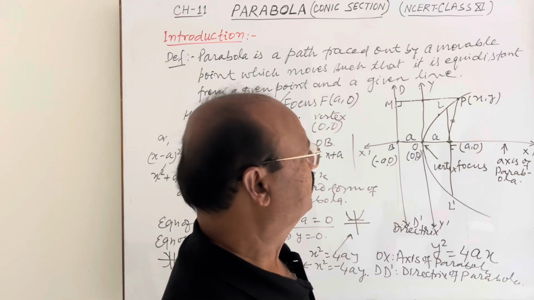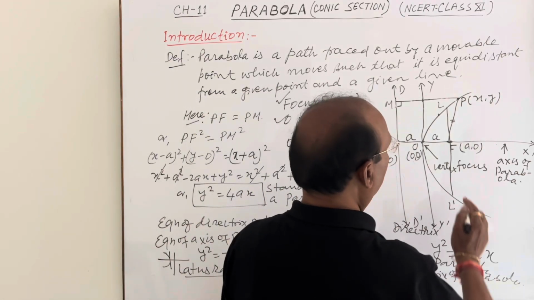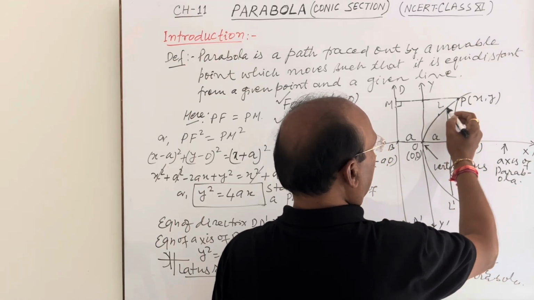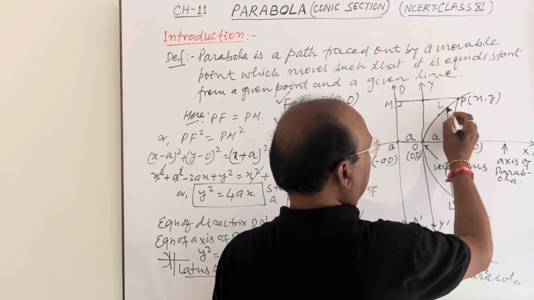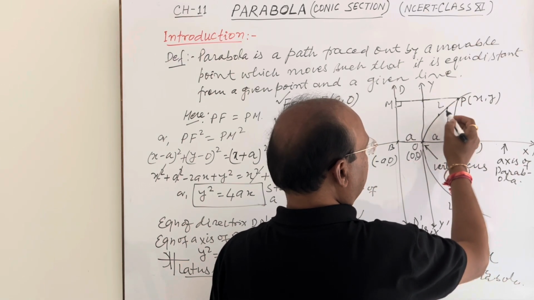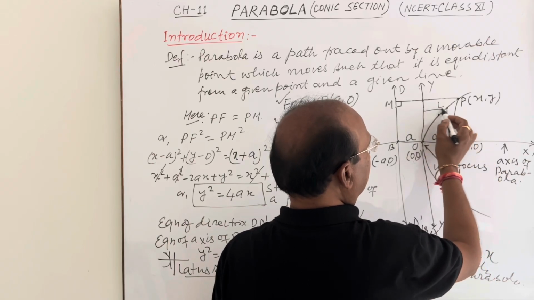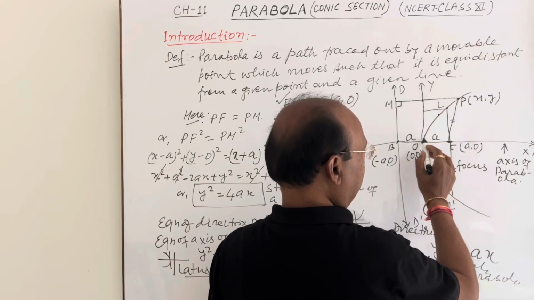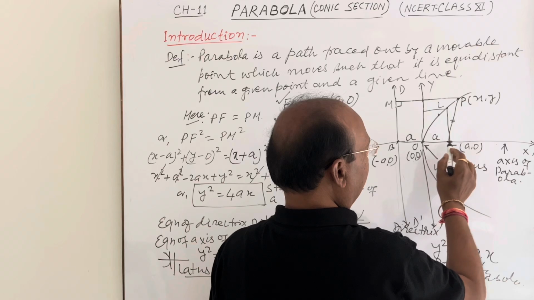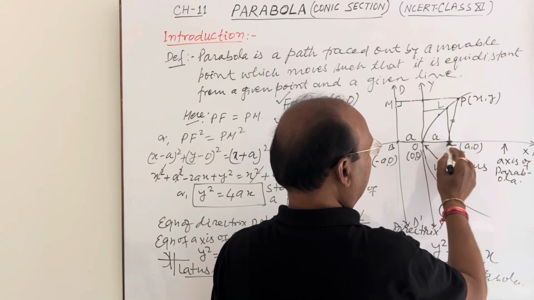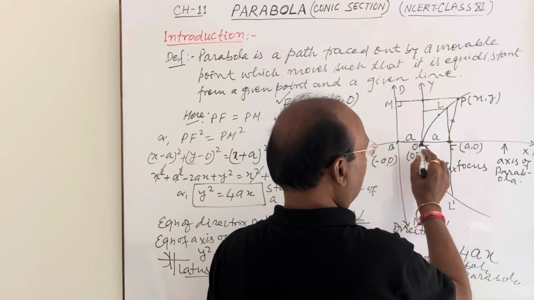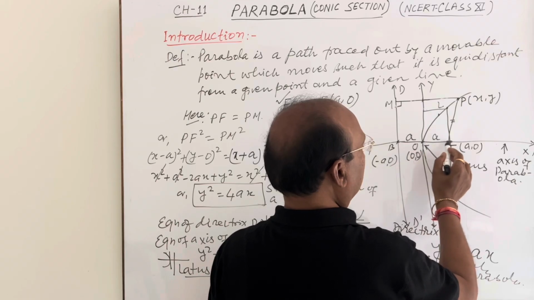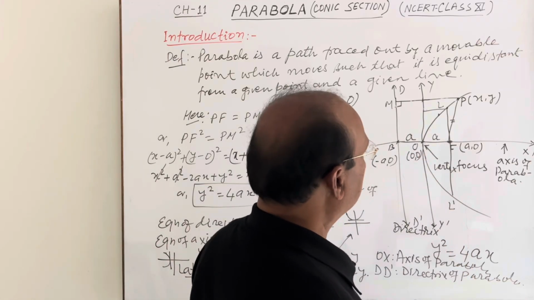How will you get 4a? You can understand very easily. Here the coordinates of F is (a, 0). So the distance of this point L from the y-axis is a. The vertex of the parabola is lying here. So the distance of F from the vertex is a, and this much distance is 2a. Correct?